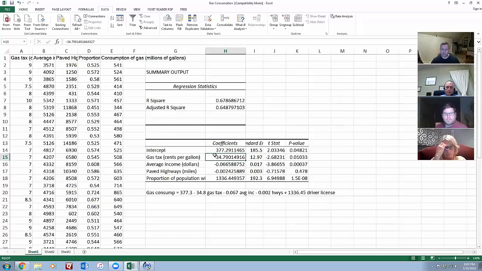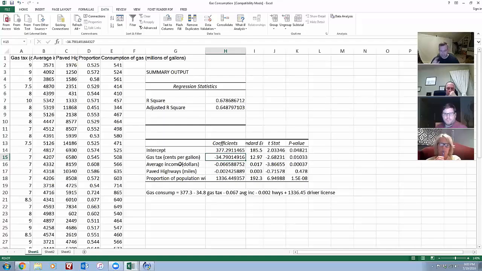Incidentally, these coefficients are basically like partial derivatives. When I see this coefficient, the question that it answers is, what happens to gas consumption if there's a change in gas tax, holding all of the other variables constant.